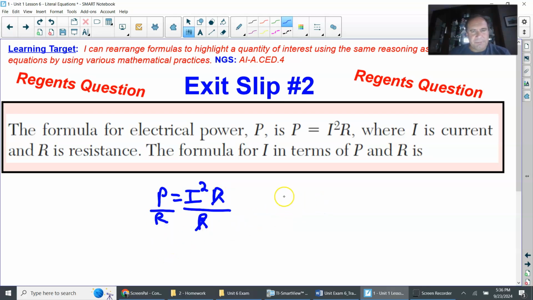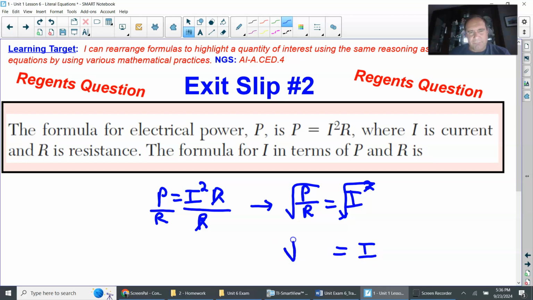And then I'm going to just put down P over R equals I squared. You notice the opposite of squared is square root. This cancels. This cancels. I equals square root of P over R. And that is your answer there. Just like that.